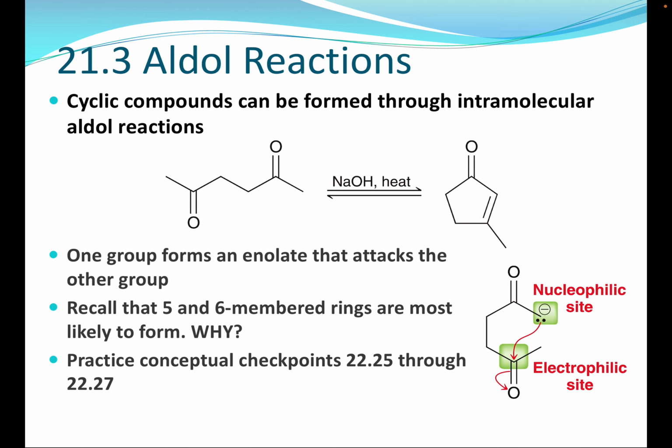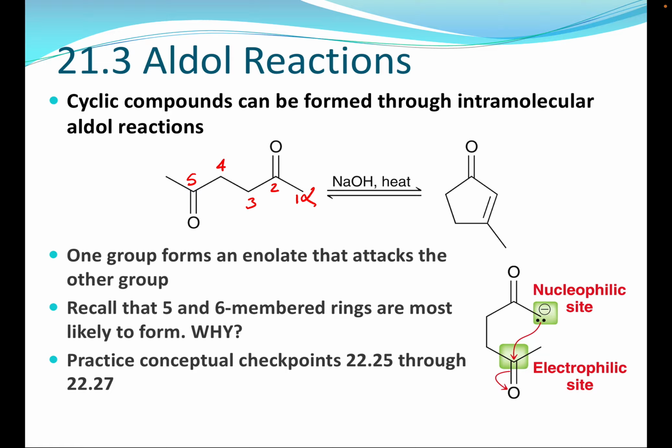We're close to the end of our aldol reaction discussion, but it should be noted that we can have molecules that are long enough to react with themselves through these aldol reactions. So if we're looking at this structure, we have an alpha position that could be deprotonated, and that alpha position is far enough away from the other carbonyl on the structure that it could fold up and react with itself in order to form a final cyclic product.